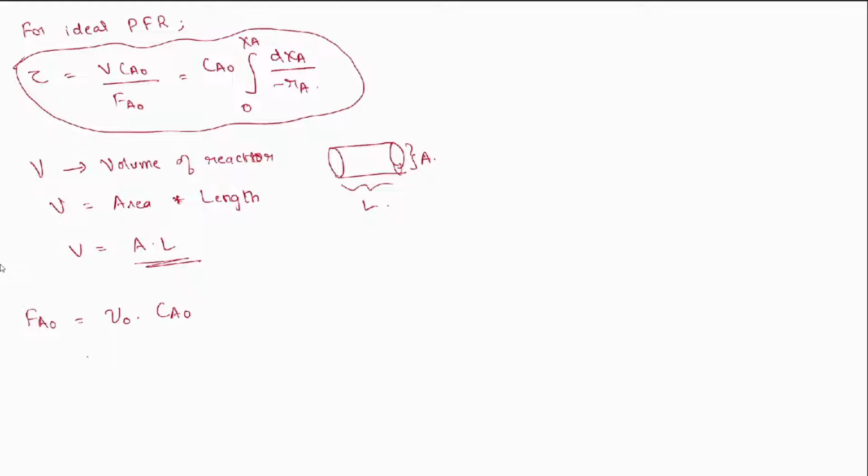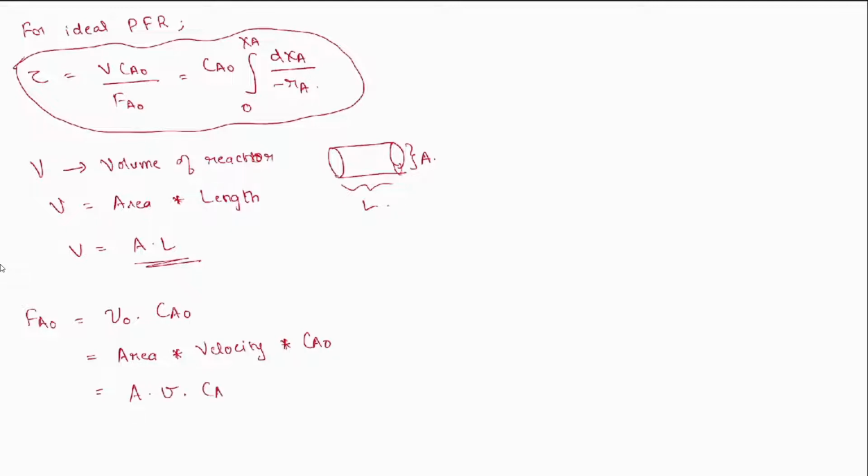Now, this volumetric flow rate can be written in a different form as well. So, volumetric flow rate is the product of the flow area, which is the cross-sectional area here, into velocity. So nu0 is equal to area into velocity, and it is into CA0.